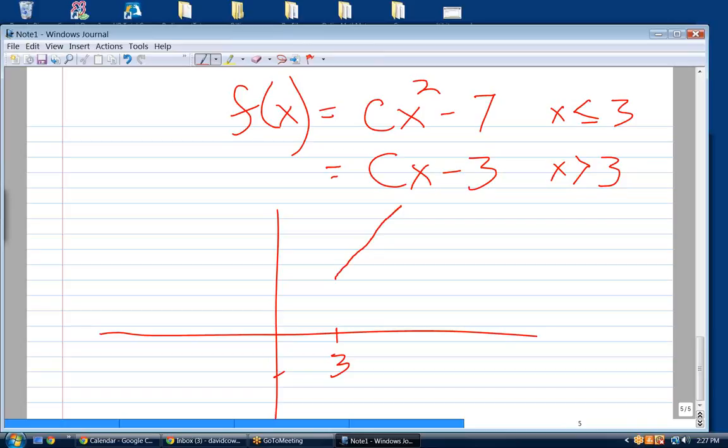To the left of 3, and this is an open circle, to the left of 3, this is a quadratic that has been shifted up from minus 7. In other words, it's a quadratic that does something like this. You with me? Yes. So we have to figure out what c would put this on top of that, because that's the only way it's made continuous.